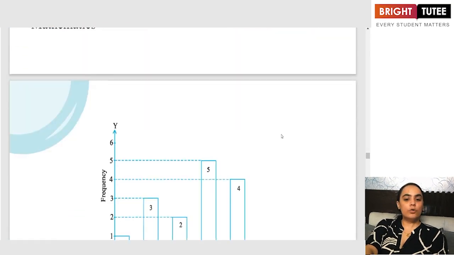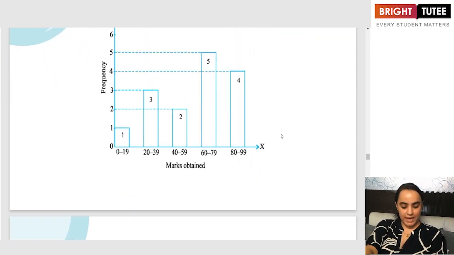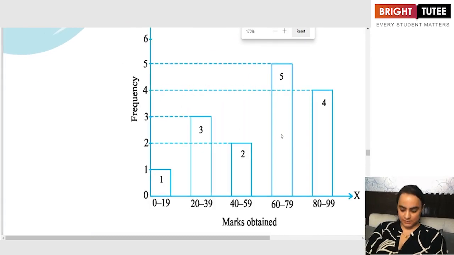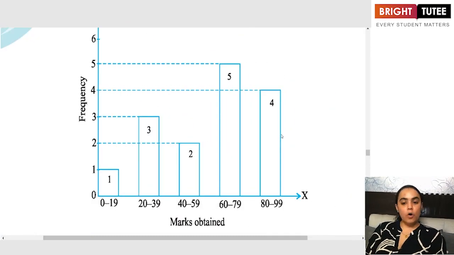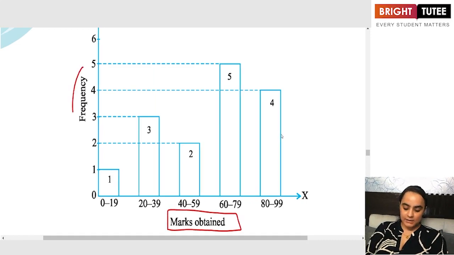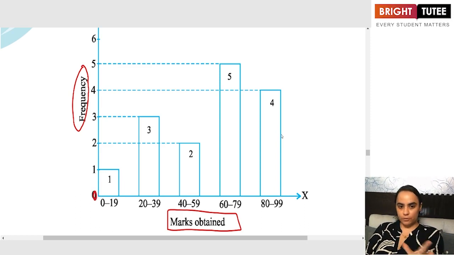Now, we all know in mathematics, we've learned about the x-axis and the y-axis. On the y-axis, I will always represent the marks or the class interval. And on the x-axis, I will always represent the frequency. Okay? As you can see, 0 is my origin. This much we know from math.